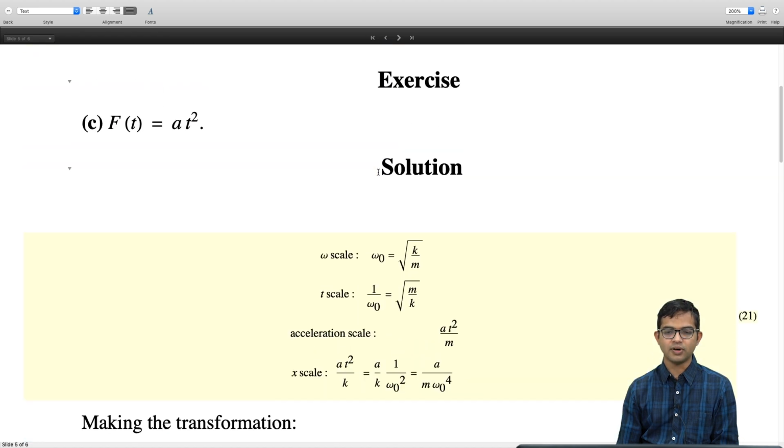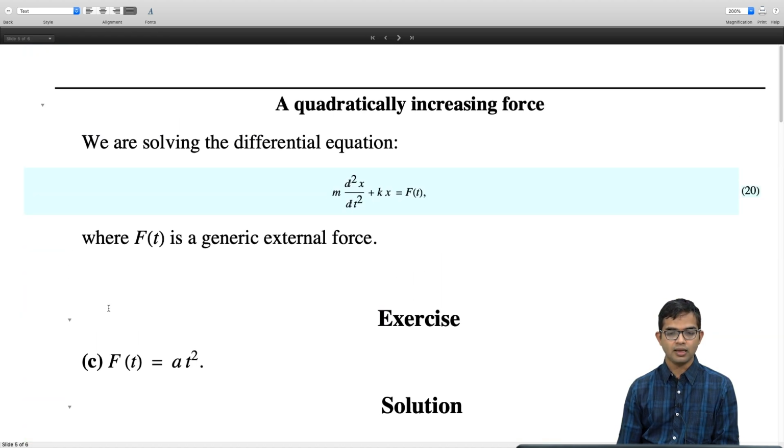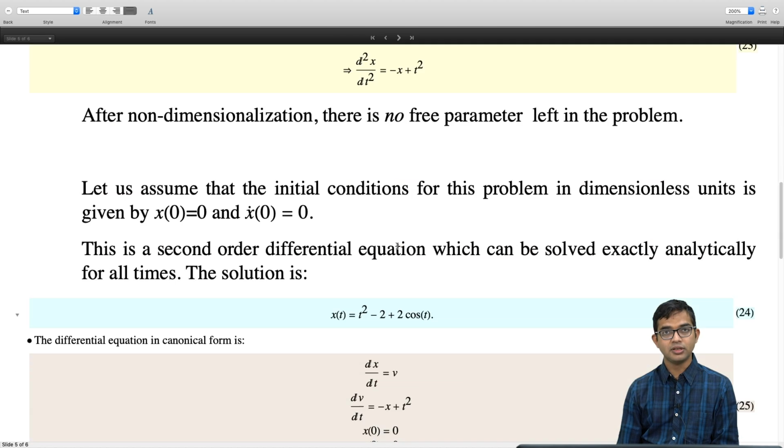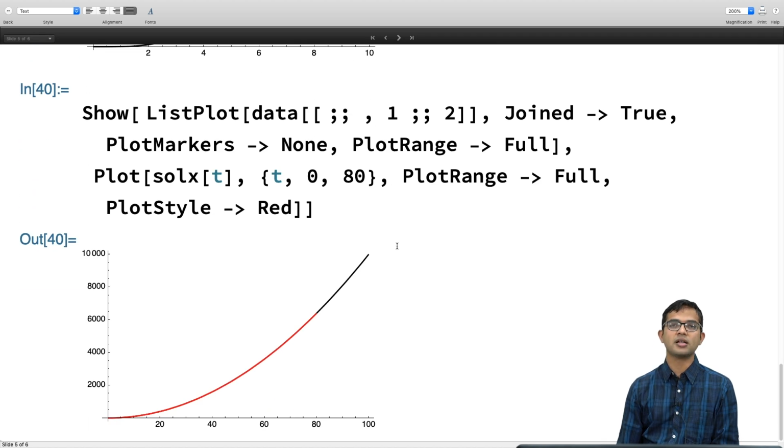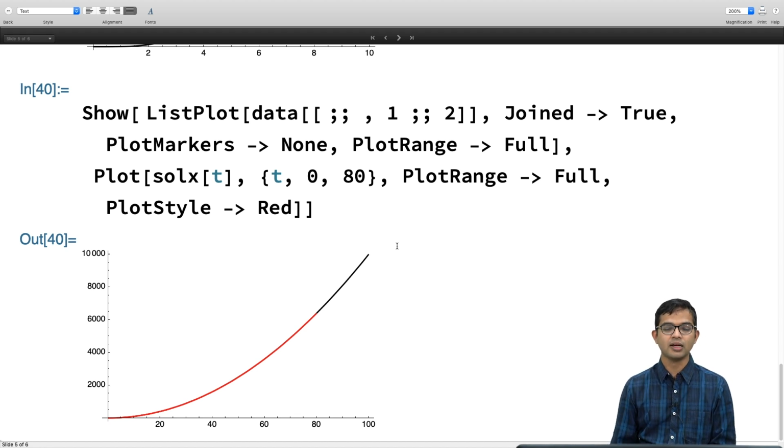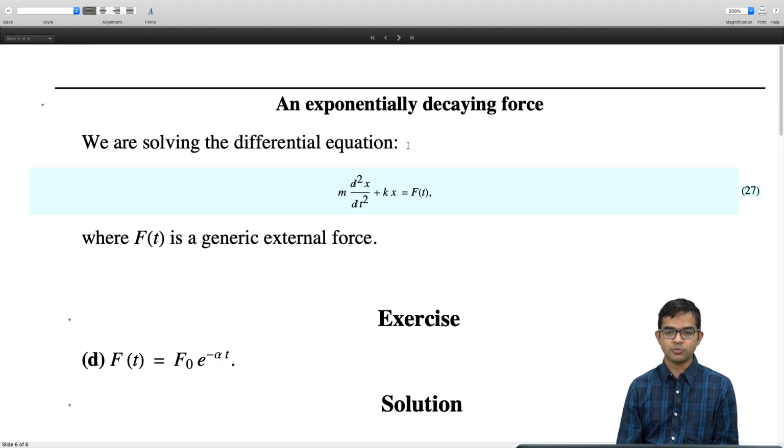But once again, I find it quite interesting that a quadratically increasing force is giving you dynamics which is also quadratically increasing, just simply because there's a springiness associated with the motion of your particle, and that spring is not so successful in giving it any oscillatory motion here, but it is restricting its running away, right? And it's keeping it quadratic in time.